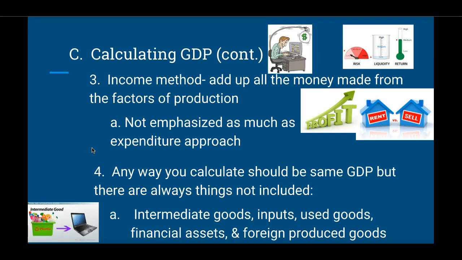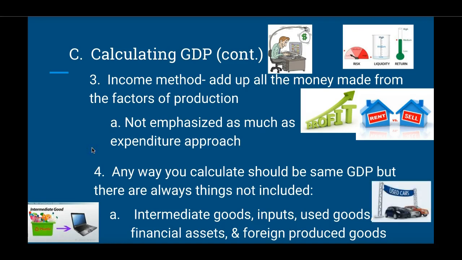Why is it not used to calculate GDP? Well, that plastic is already included in the price of the computer. So we don't want to count it twice, so we don't count intermediate goods or inputs for that matter. Keep in mind that those are not included.